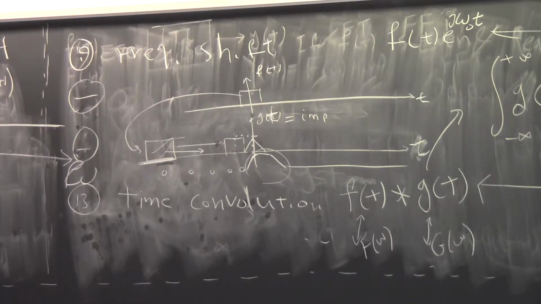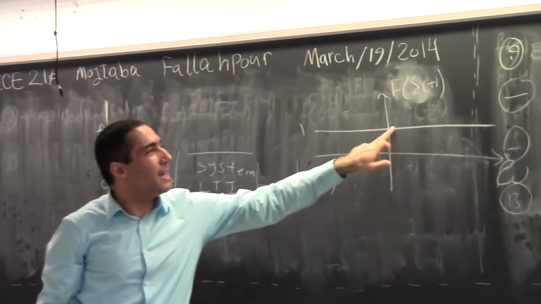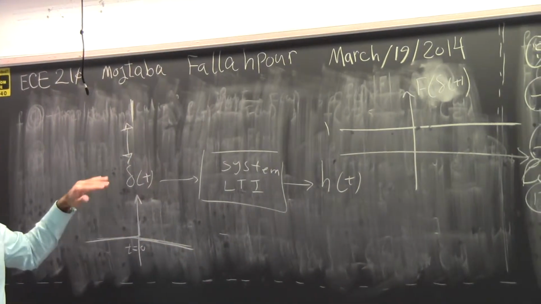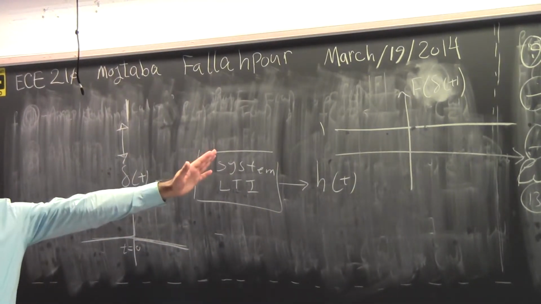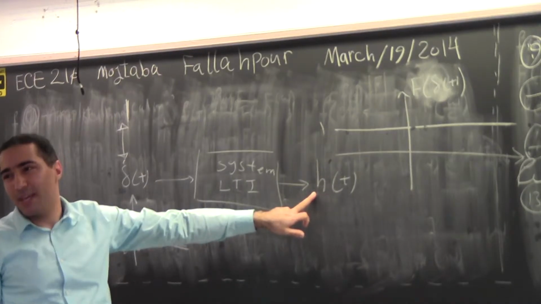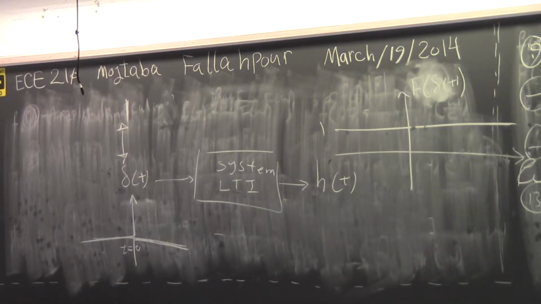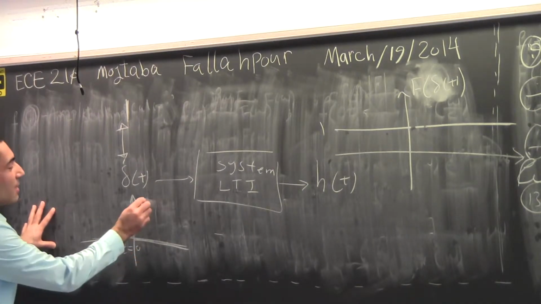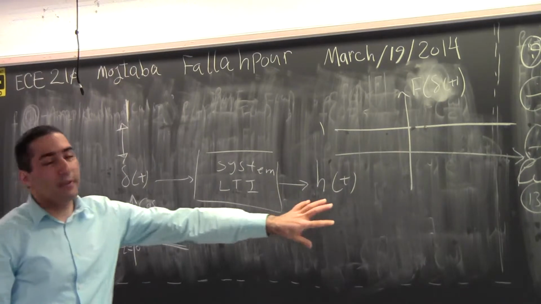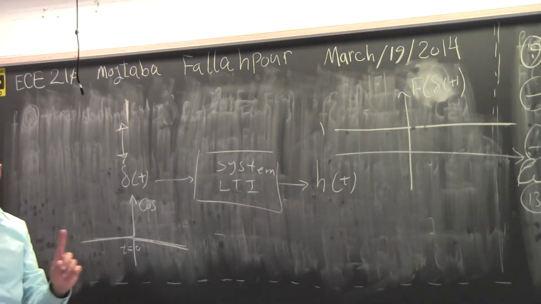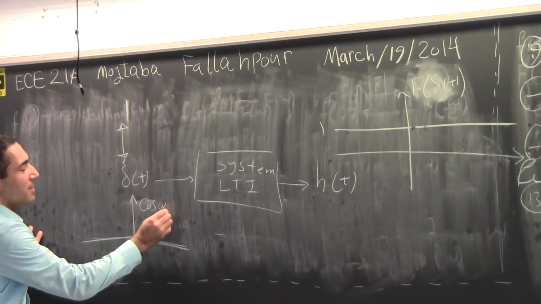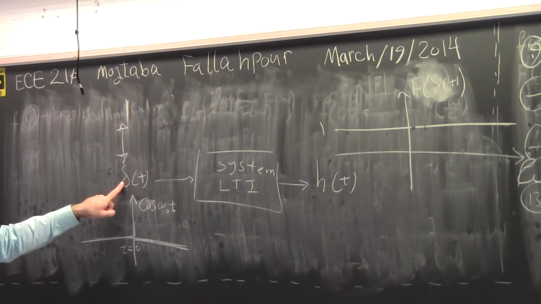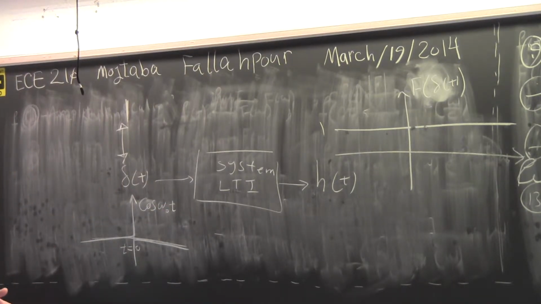Because if you send delta to your system, you're testing the reaction of your system at every single frequency, because it covers all the frequencies. So your system is tested. Whatever the behavior of the system is, it's the property of the system over a wide range of frequencies. If I send a cosine in here, whatever the response was, I could just talk about one single frequency, right? Because this is omega 0 t. But this delta t has a wide range of frequencies.